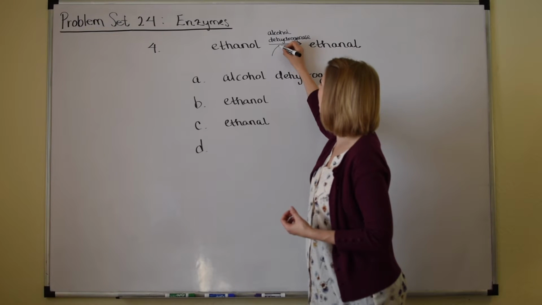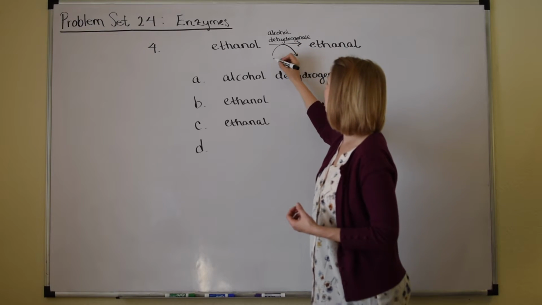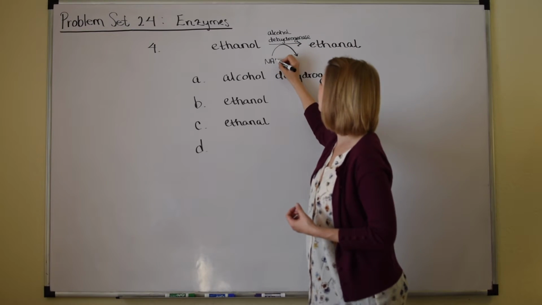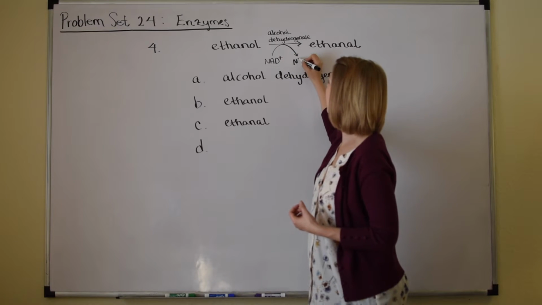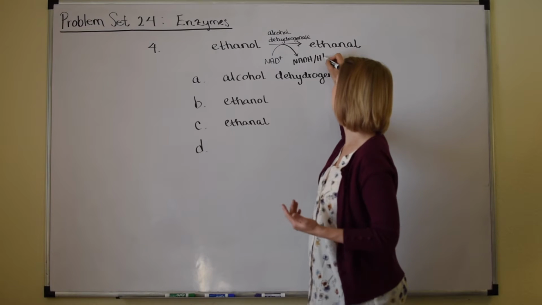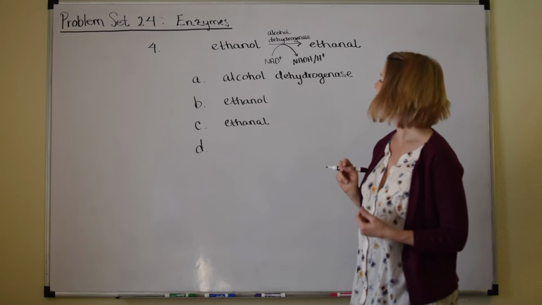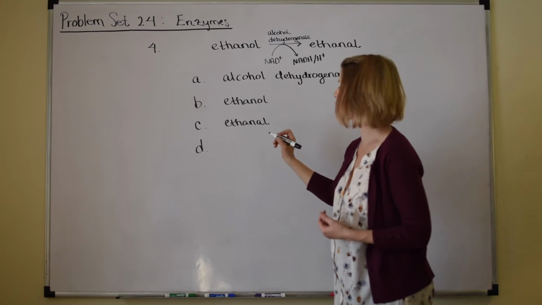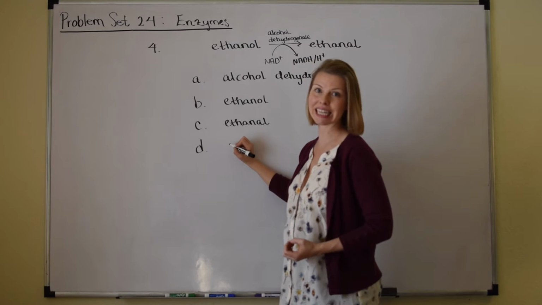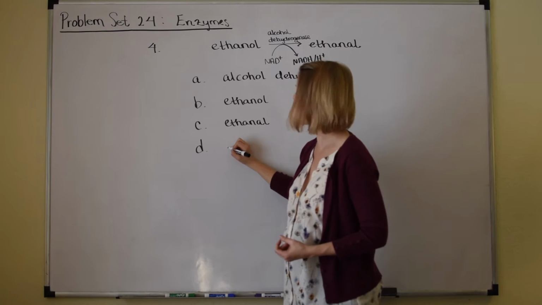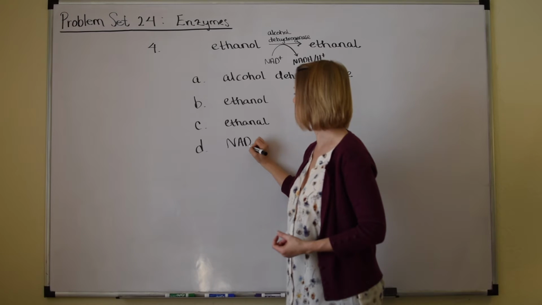So we're going to write that as a coupled reaction here. NAD plus turning into NADH, which also has an H plus. I should have written that in the problem there. So what is our coenzyme? Our coenzyme is the nicotinamide adenine dinucleotide, or just NAD plus.